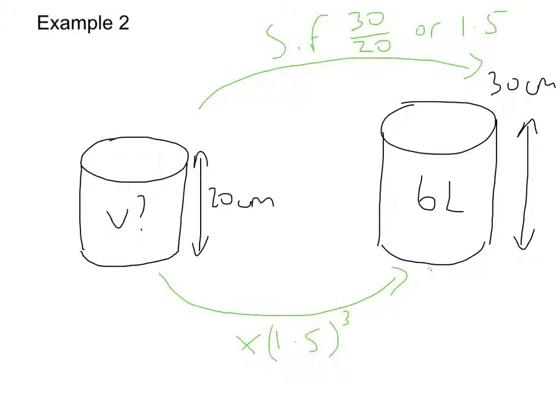So we need to work out 6, and we're going to divide it by 1.5 cubed. Let's do that quickly. 6 divided by 1.5 cubed is going to give me an answer of 1.77 recurring, 1.78 litres. So we can work backwards as well using this same idea.